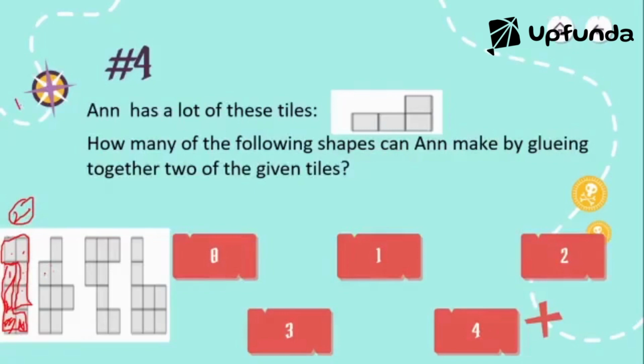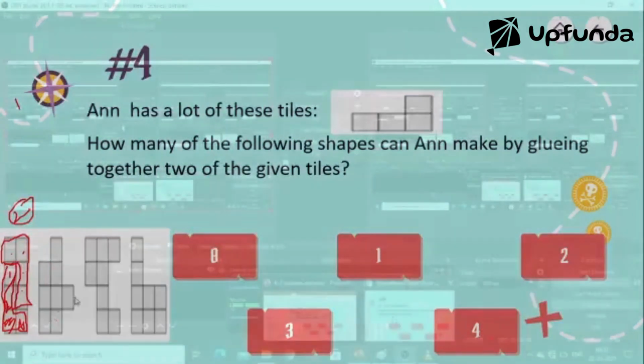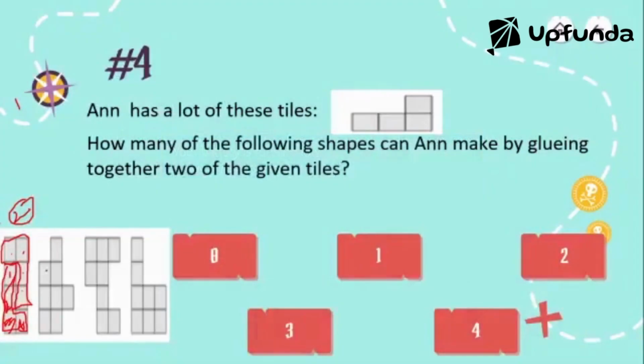Now come to this diagram. Then here 1, 2, 3 and 4. Here this small L shaped one and another L shaped one were joined to make this figure. So here also two tiles are combined, so we have 1 plus 1.